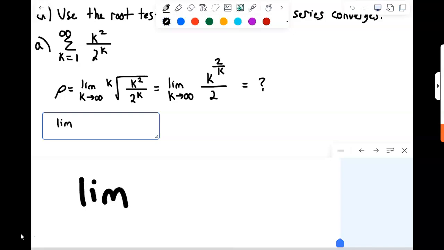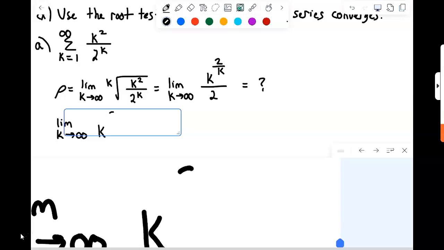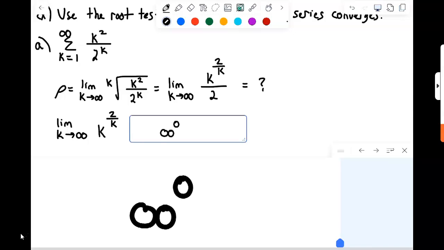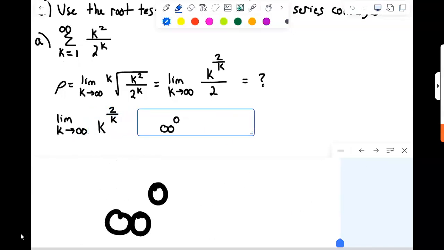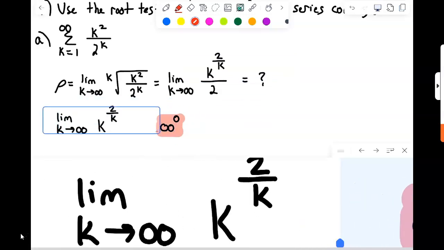I'm going to step aside, because it's not just a simple one-step thing to finish this answer. k to the 2 over k is a limit of the form infinity raised to the 0 power. It's one of our indeterminate forms, so it's not going to be as simple as the answer is just this. We are going to have to do some work here.